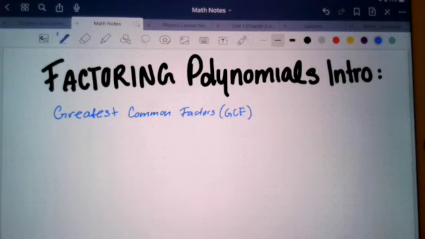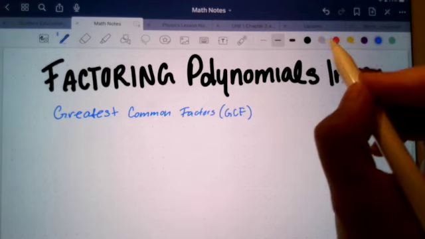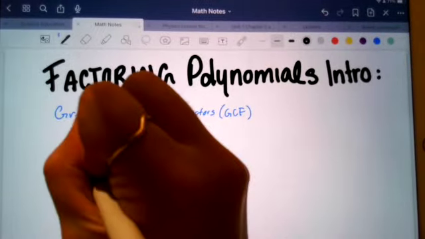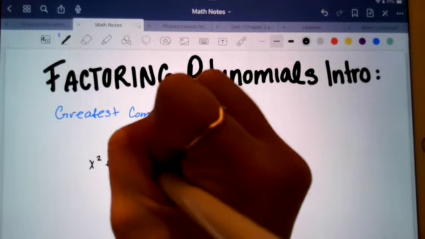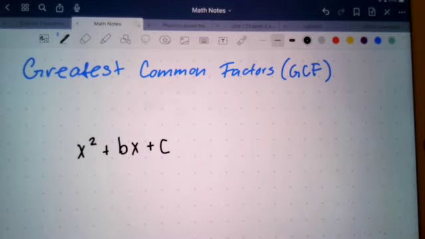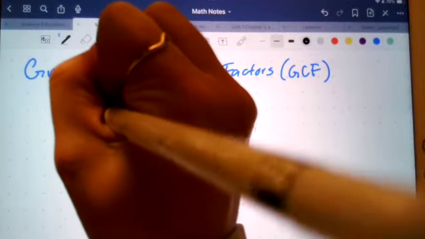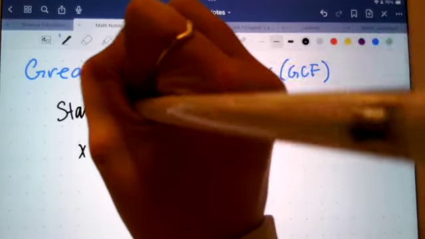But today we are going to be talking about factoring trinomials. One of the most standard forms of trinomials that we see is x squared plus bx plus c. Now this is a super standard form of a trinomial. And remember, a trinomial is a mathematical expression with three terms.